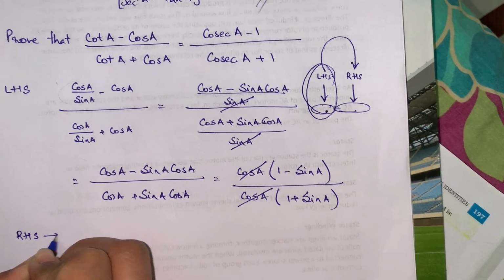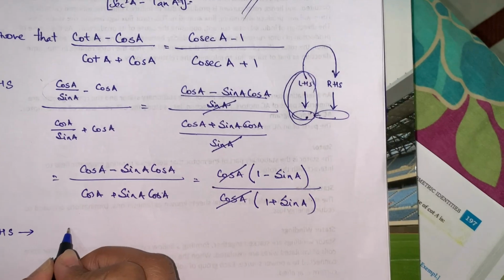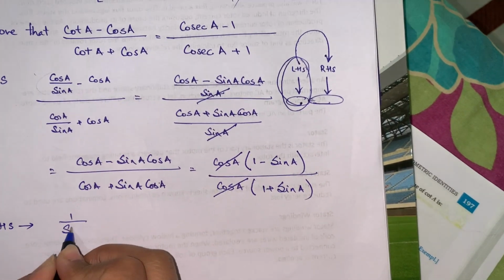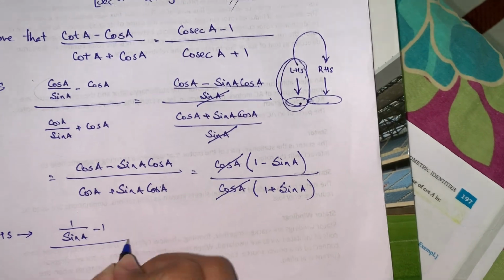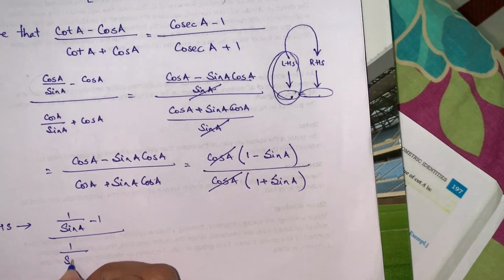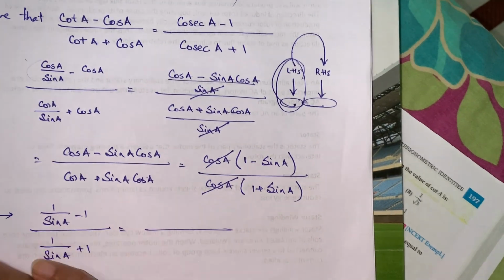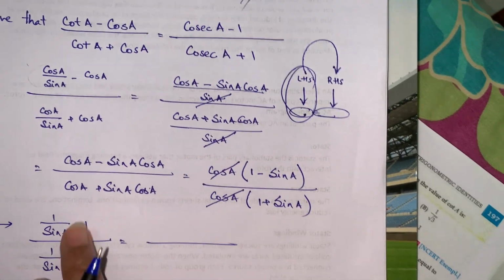RHS is taken as cosecant A minus 1 by cosecant A plus 1, which becomes 1 by sin A minus 1 by 1 by sin A plus 1. That further, if I want to simplify, blurring this out, I'll only concentrate on this part.